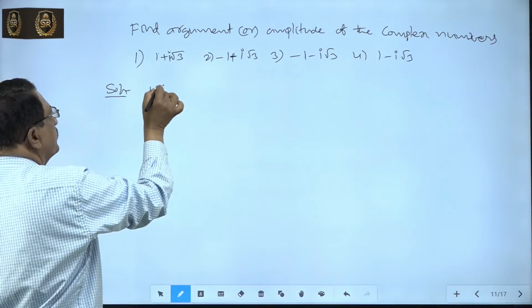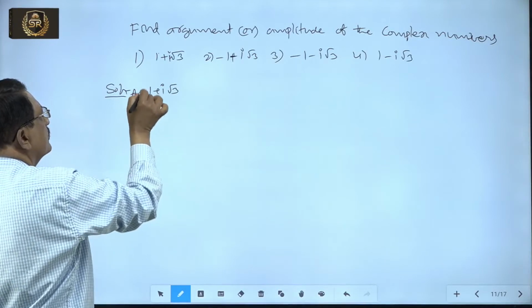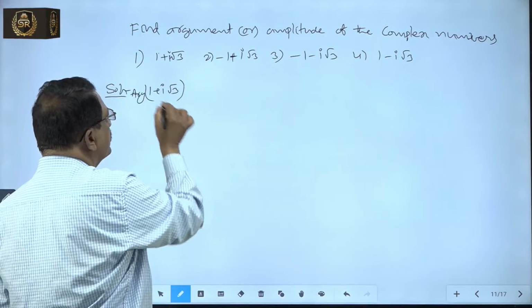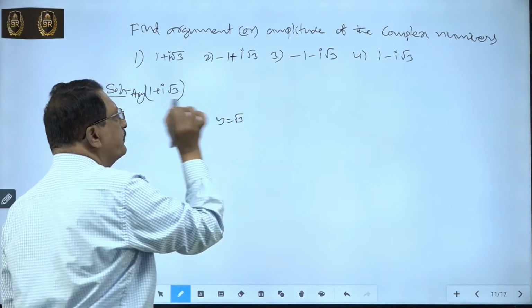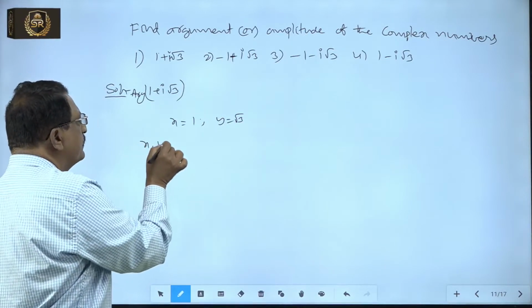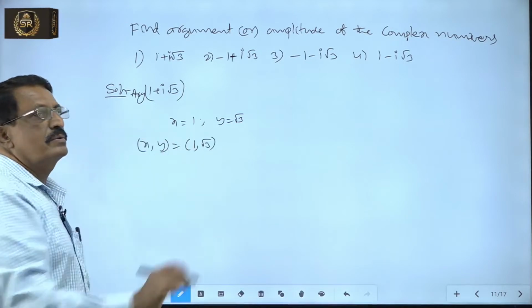1 plus i root 3, required argument of 1 plus i root 3. Here x, the real part, equals 1. Next, the imaginary part y equals root 3. Now x comma y equals 1 comma root 3.